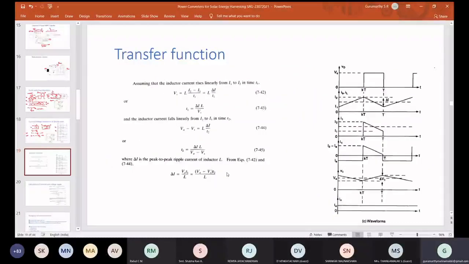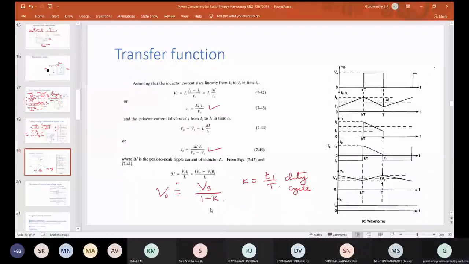You can find out T1, you can find out T2, and then you get the delta I. Now if you simplify and substitute these things, you get Vo equal to Vs divided by 1 minus K, where K is T1 divided by capital T. K is called the duty cycle, given by T1 by T.